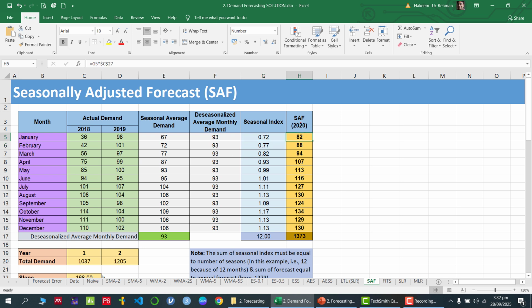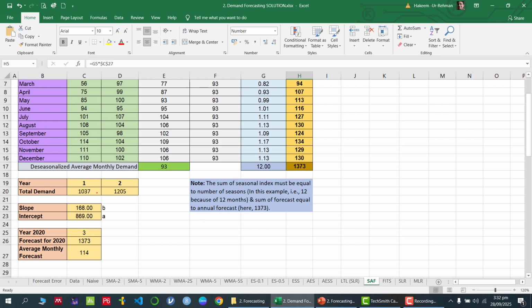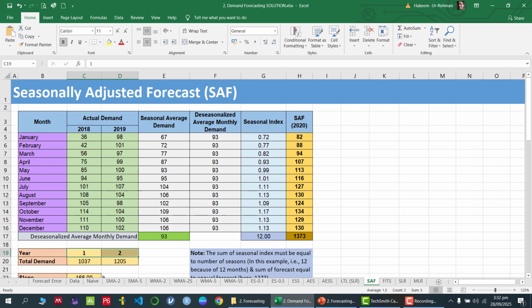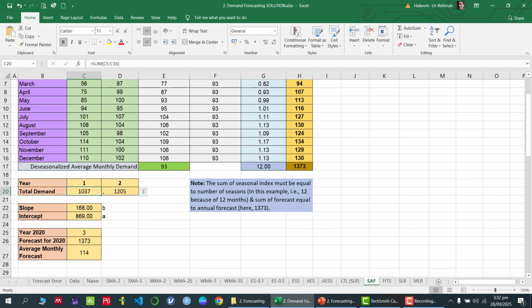Once again, in order to find this forecasted value, we have these years, representing 2018 and 2019. This is the sum of the demand values. Then we calculate the intercept of this demand against time. Same is the case for slope: this is the demand, this is the time period.